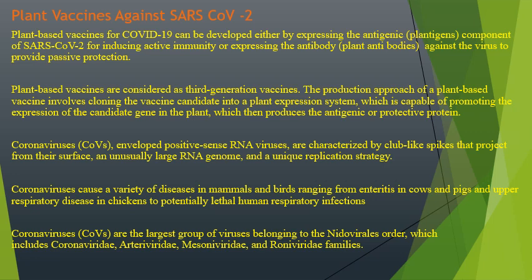Coronaviruses cause a variety of diseases in mammals and birds, ranging from enteritis in cows and pigs and upper respiratory diseases in chickens to potentially lethal human respiratory infections. Coronaviruses are the largest group of viruses belonging to the order Nidovirales, which includes the families Coronaviridae, Arteriviridae, Mesoniviridae, and Roniviridae.